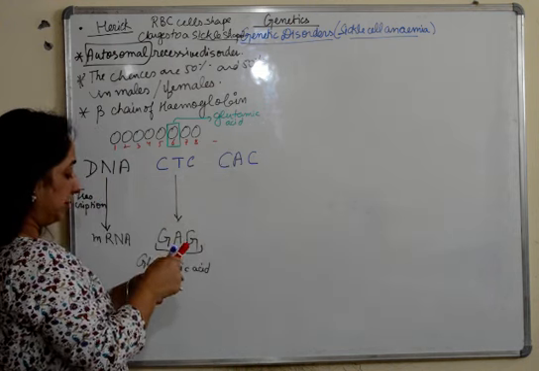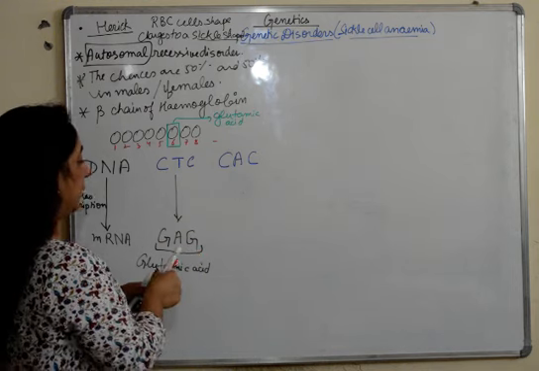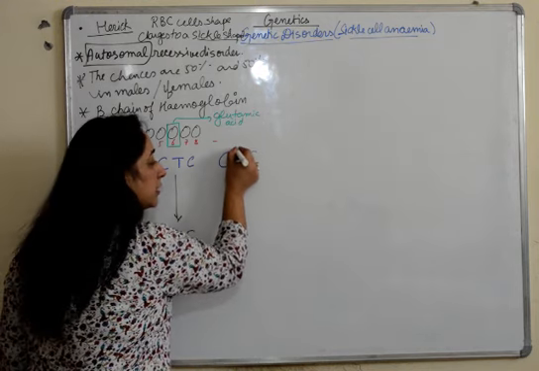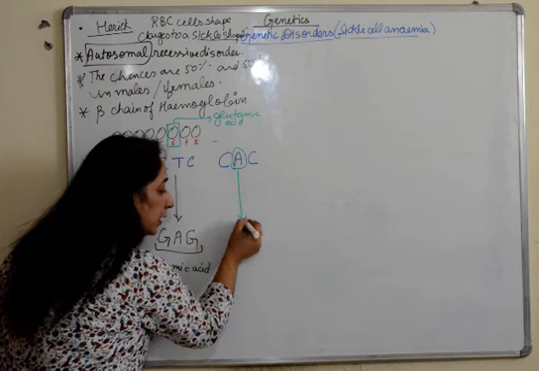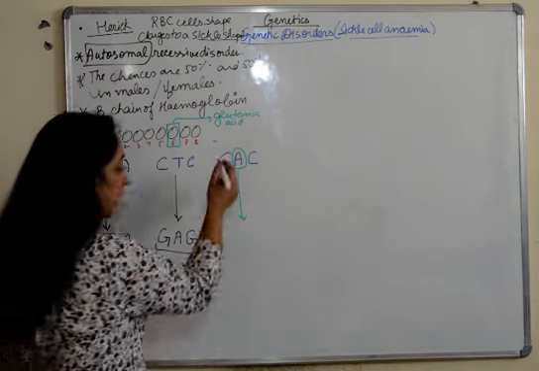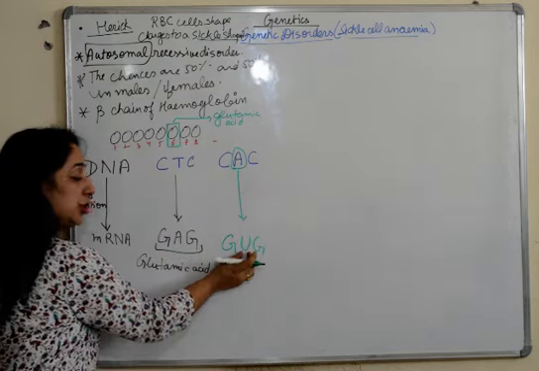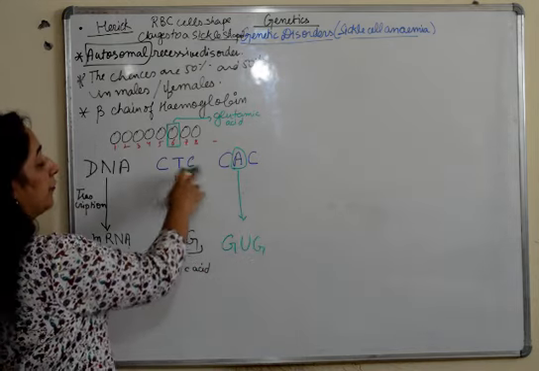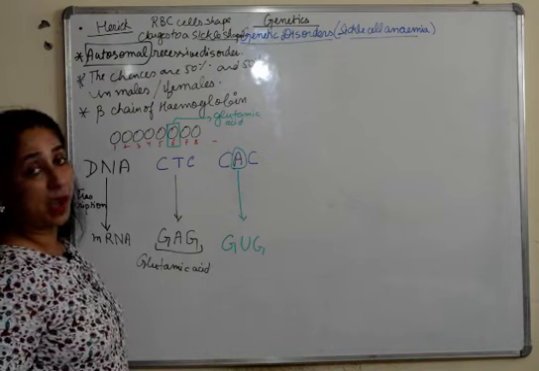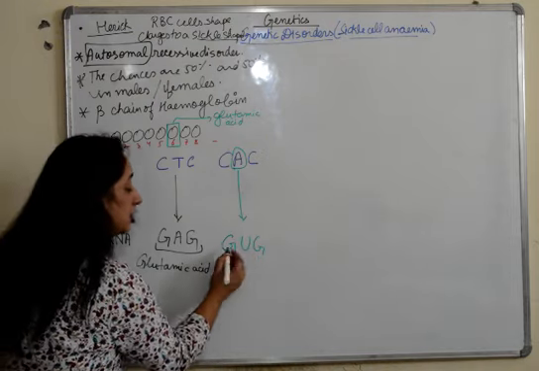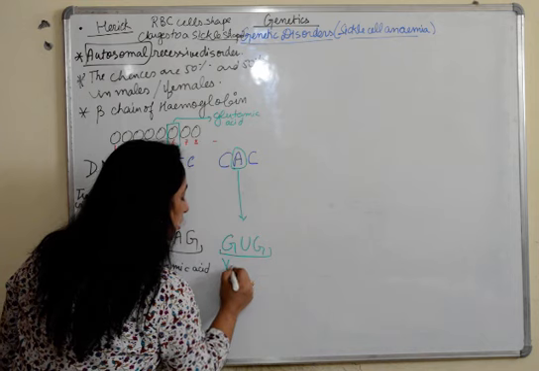Now, because of this change, the codon on the mRNA also changes. It becomes GUG. Why GUG? Because in place of thymine we have uracil in case of RNA. So here it is GUG which codes for valine.